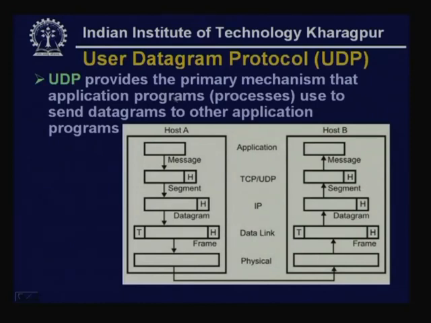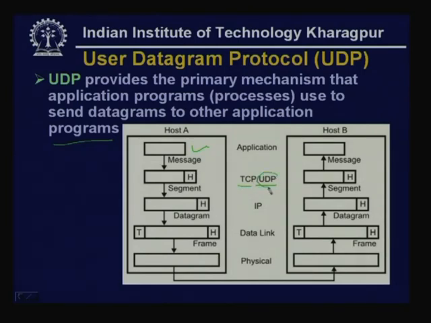So UDP provides the primary mechanism that application programs use to send datagrams to other application programs. Suppose an application program is running in host A, and it will send the message to one of the two transport layer protocols, either TCP or UDP.